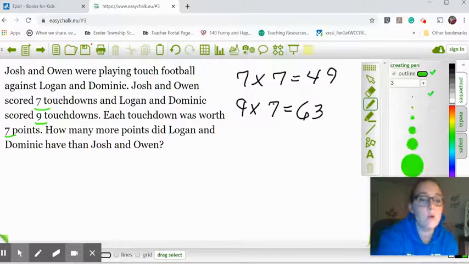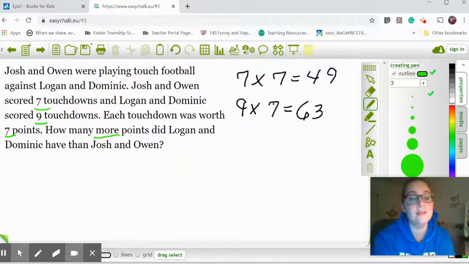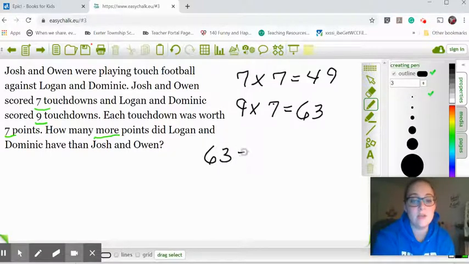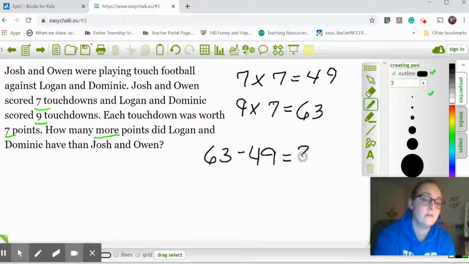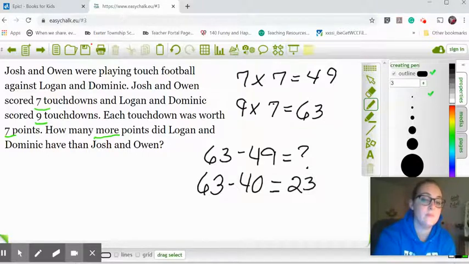How many more points did Logan and Dominic have than Josh and Owen? Which means that once again, I'm trying to figure out which one is bigger and how many more there are. So I need to subtract. So I'm going to be doing 63 minus 49 equals something. Now I can do 63 minus 40 equals 23.